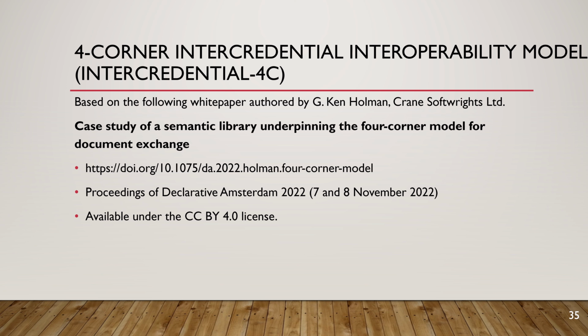It's an example of how there was a problem readily exchanging UBL, Universal Business Language documents, and how the 4-corner model is used to facilitate rapid, efficient, cost-effective exchange of those complex credentials. There's the URL. It was presented just this past November at the Declarative Amsterdam conference.